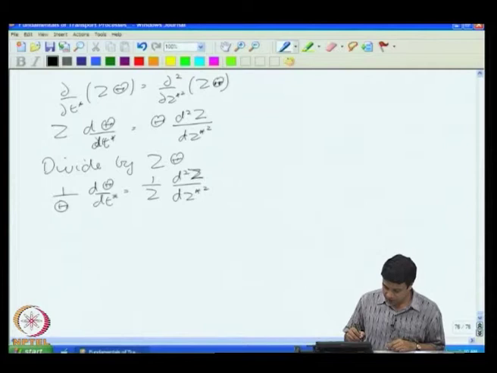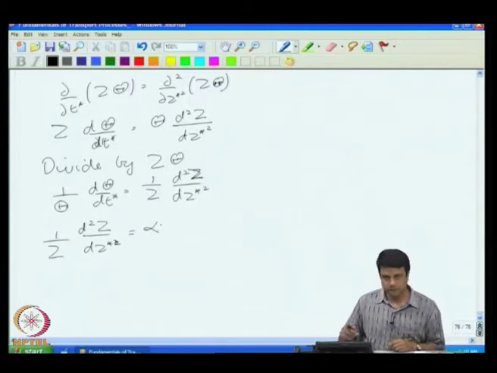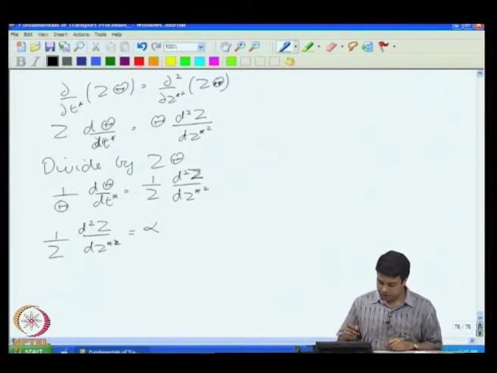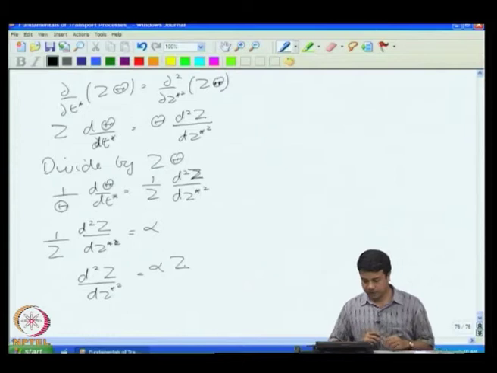So, I have an equation 1 over z d squared z by dz star square is equal to some constant alpha. Is that constant positive or negative? Let us try to solve this and see. Therefore, the equation is d square z by dz star square is equal to alpha times z.